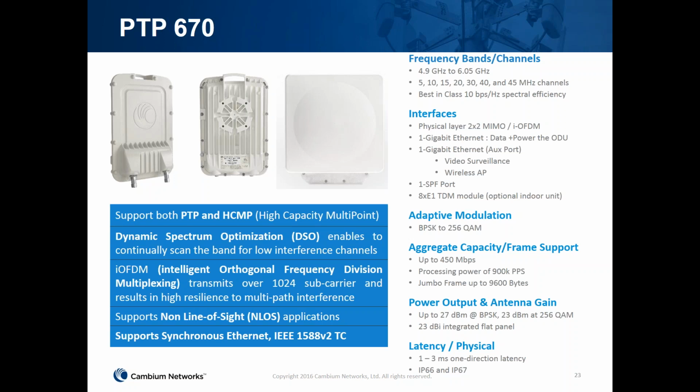And the third one is the SFP, or the fiber port, if you want to configure it that way as well. It has adaptive modulation, which we'll get into a little bit later. It does support jumbo frame, and it has a really powerful processing power of 900,000 packets per second. That's a lot of packets, especially if you want to process like the case study that we had in Southeast Asia, where you have a lot of people connected, so you have a lot of traffic flowing through.